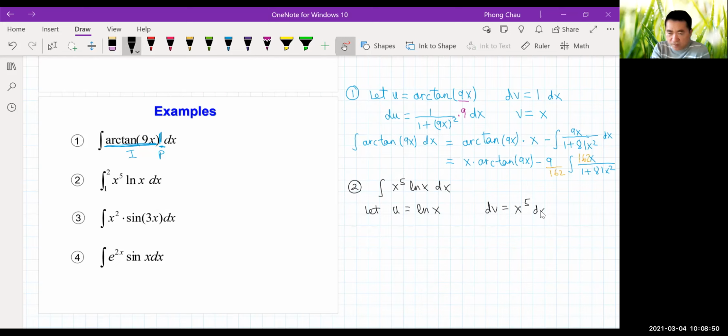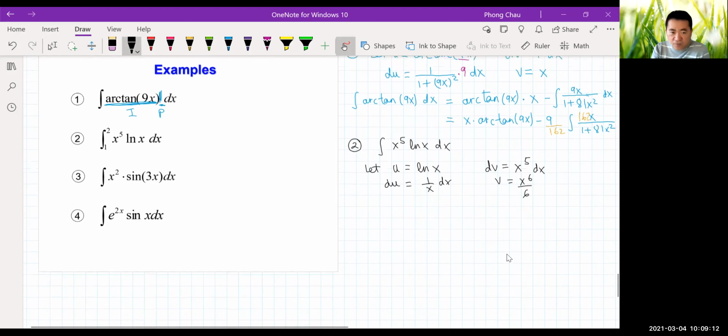Don't forget the dx. Then you take the derivative of u, and that's 1 over x dx. And what's the antiderivative of x to the fifth? Remember, add 1 to the power, so x to the 6 over 6.